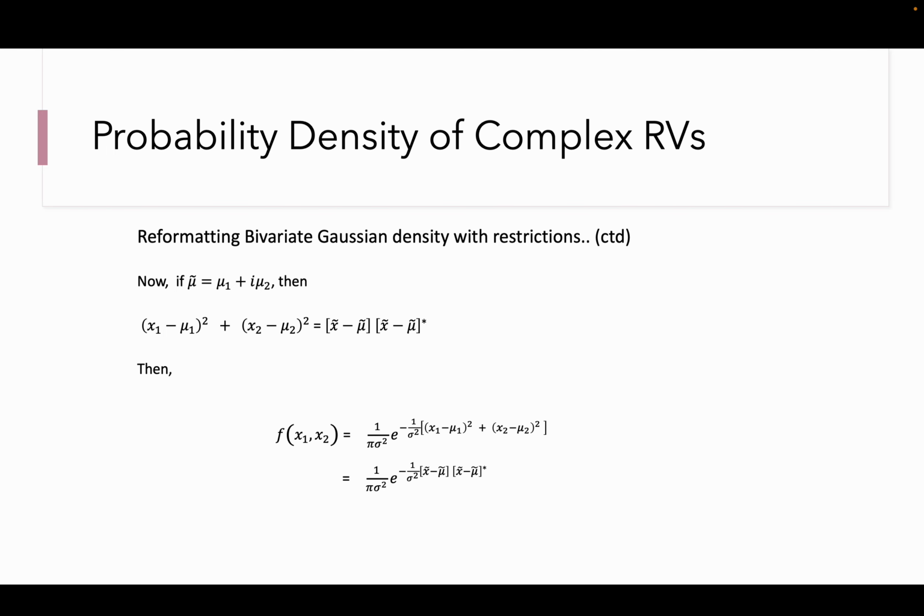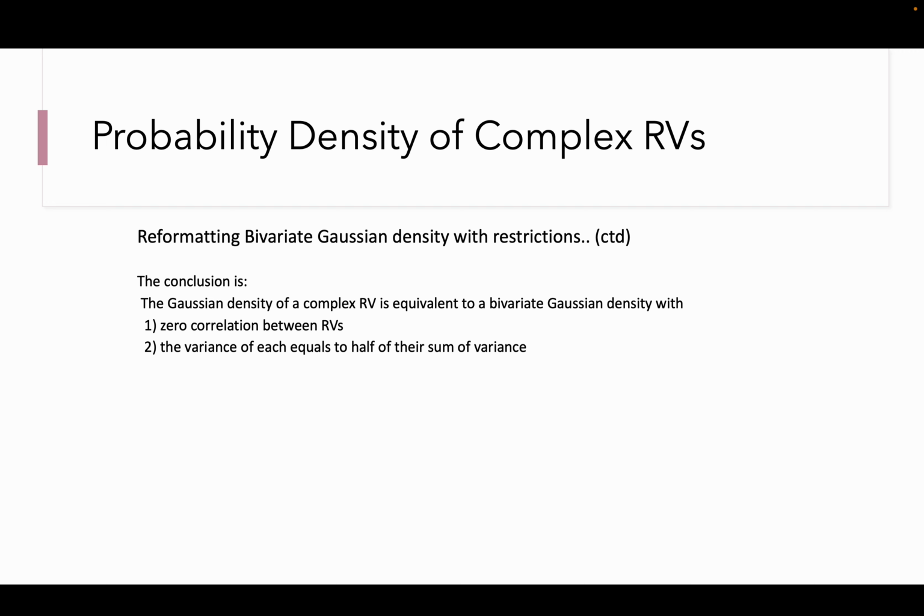So this PDF comes down to 1 by pi sigma square times the exponential of minus 1 by sigma square times x tilde minus mu tilde times the conjugate of x tilde minus mu tilde. So this is the distribution of the complex number that we deduced.